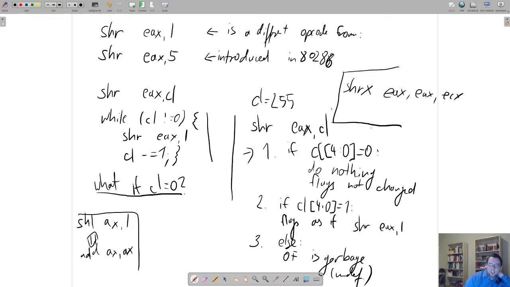But most importantly, this one does not set flags. Why do we care?